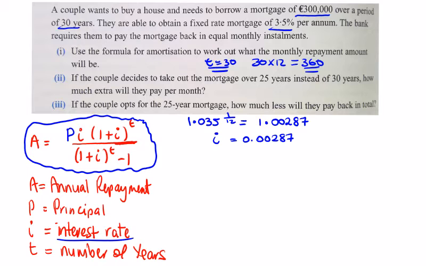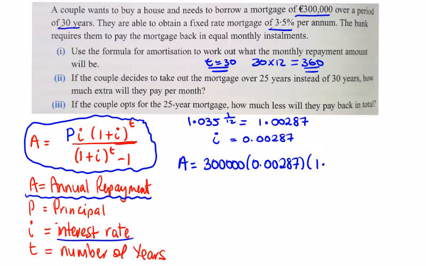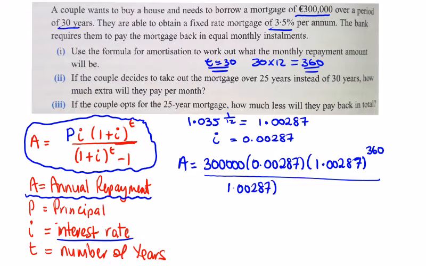So A is the annual repayment on the left on its own, and that's obtained by multiplying how much you borrow by the interest rate, which is 0.00287, by 1 plus the interest rate, 0.00287, to the power of 360, and we're going to divide all that by 1.00287 to the power of 360 minus 1.